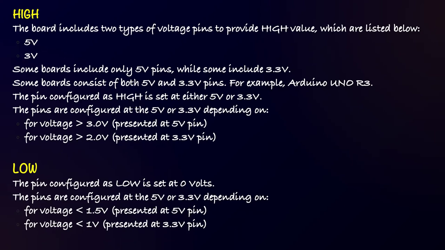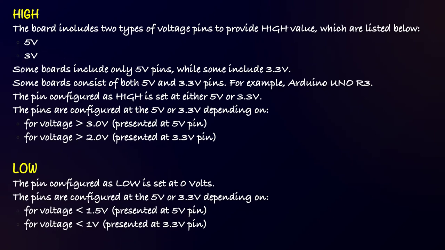Now, the pin configured as high is set at either 5 volt or 3.3 volt. The pins are configured at 5 volt or 3.3 volt depending on what? Number one, for voltage greater than 3 volt, presented at the 5 volt pin. For voltage greater than 2 volt, presented at the 3.3 volt pin. What am I saying?